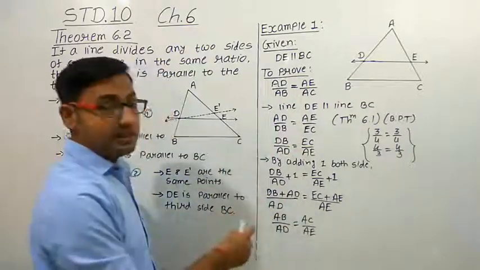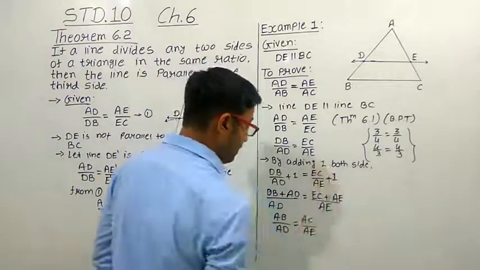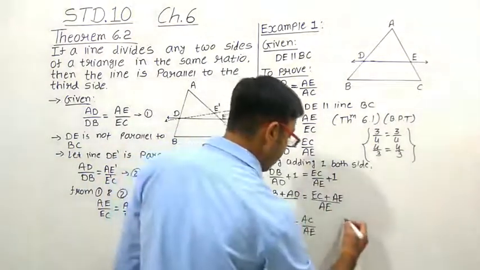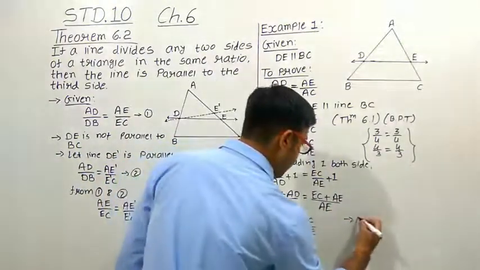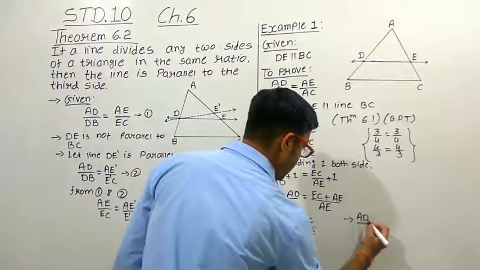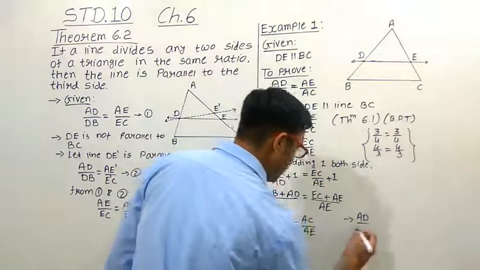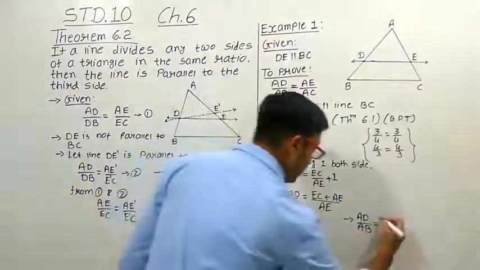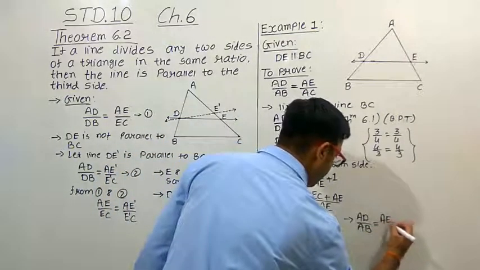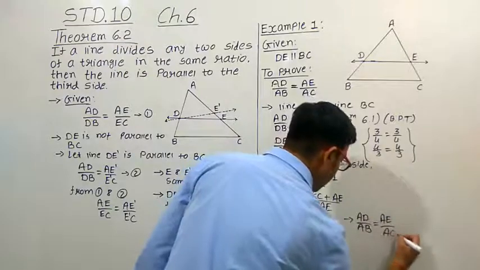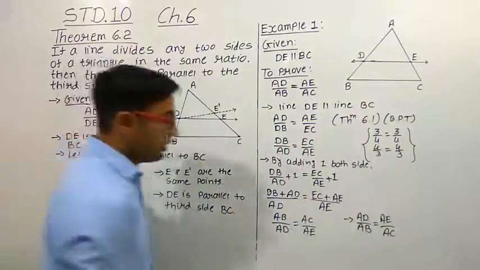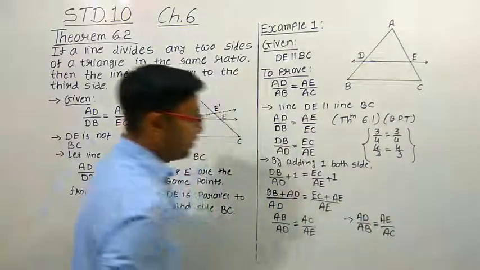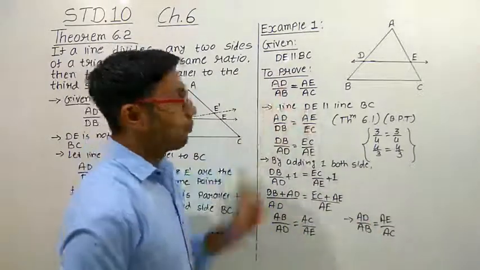So let us again interchange, like we did before. When we interchange this, we get AD upon AB is equal to AE upon AC. So this is the result we wanted to prove.